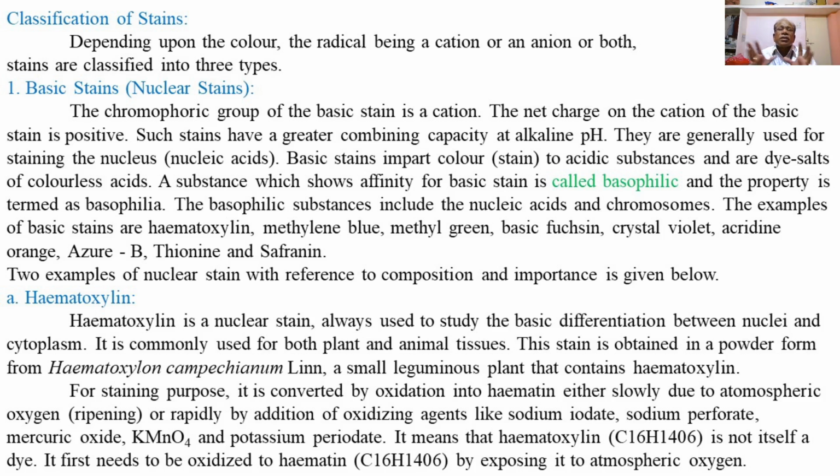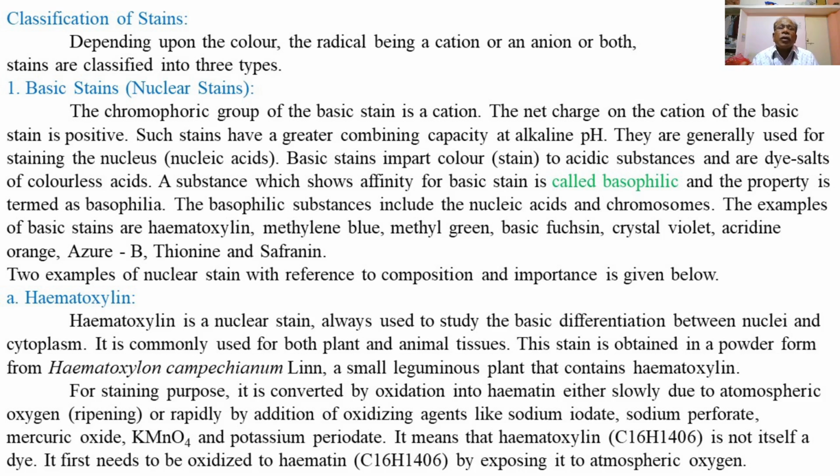So these are some of the examples of the basic stains or the nuclear stains, having affinity with the tissue materials or the cell organelles with a negative charge, because the basic stains have the positive charge on them.